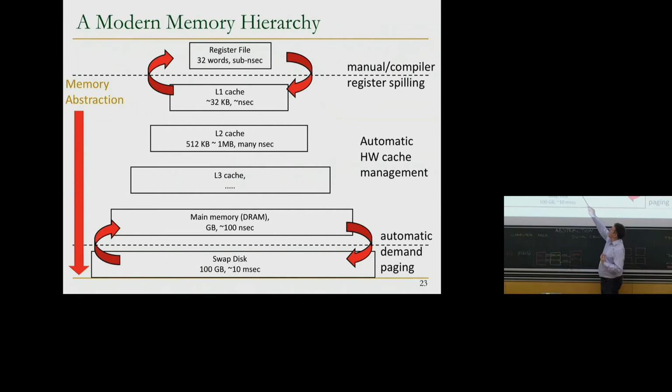And then maybe you have L3, L4. The main memory is in the gigabytes, and the access speed there is hundreds of nanoseconds or 100 nanoseconds. And then you have the memory that is then swapped onto your hard disk, which is painfully slow. I mean, this is an eternity for a program running on a processor that runs at multiple gigahertz.